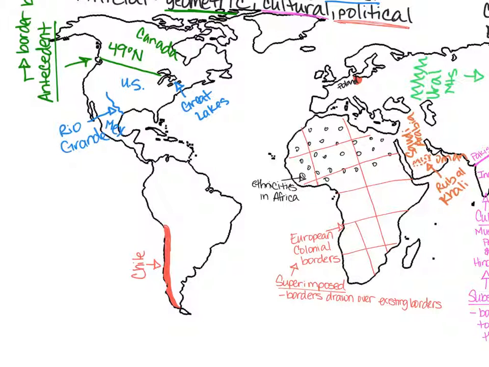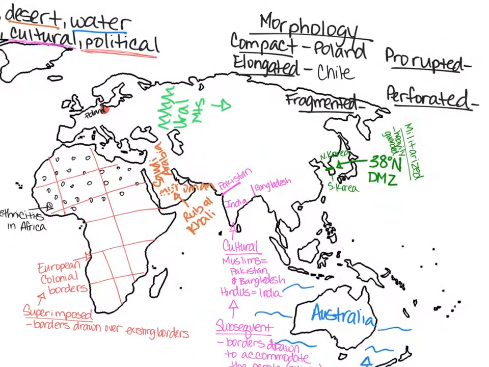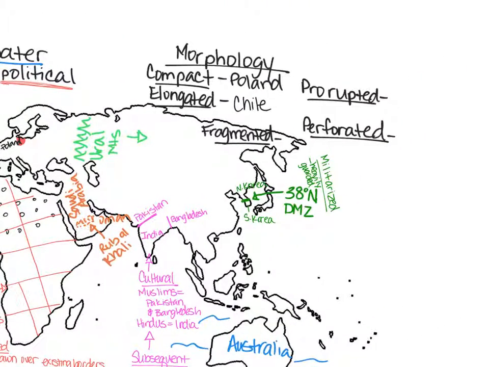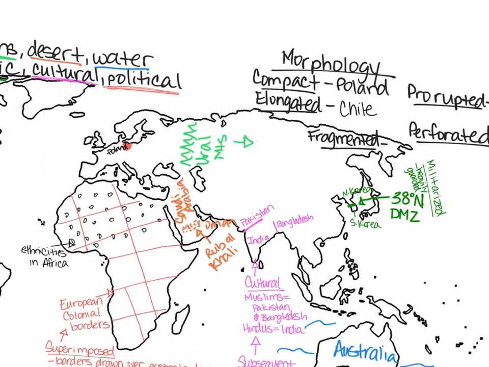Okay, and then for perforated, let's use Italy. So let me write Italy over here. So just shade in the boot. Now, Italy is perforated.